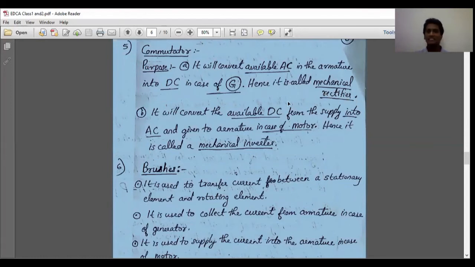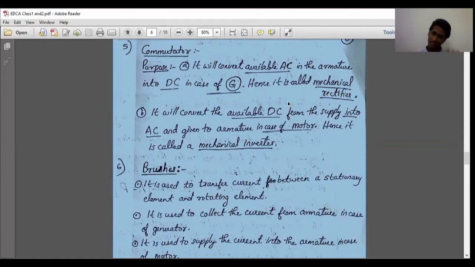Then, in case of a DC motor, what is it actually doing? In a DC motor, the current carrying conductor is placed in the magnetic field. So our conductor should carry a current. That means our armature winding should carry a current. But we can apply only DC current, while the armature windings are designed for AC.